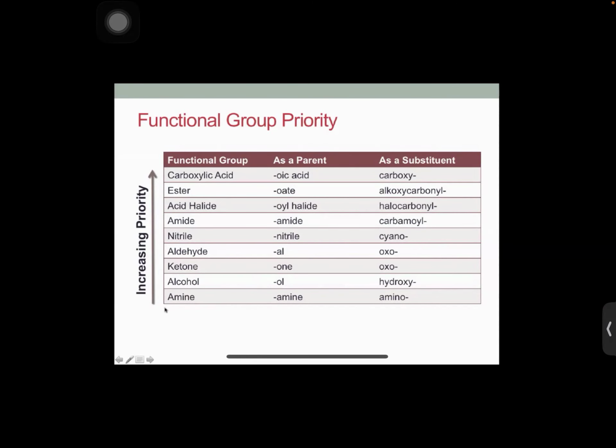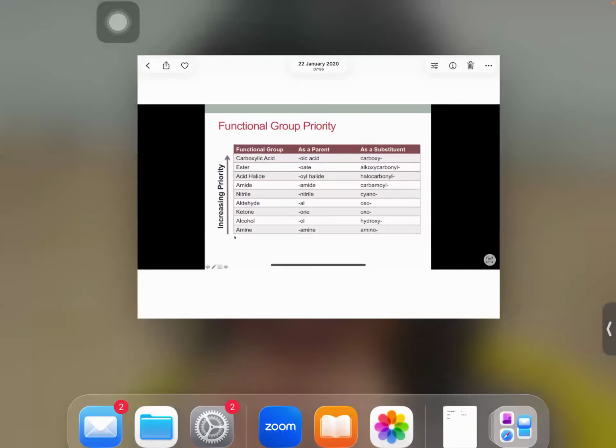Yes, the highest in the priority is the carboxylic acid, right? And once we have both of these, carboxylic acid and alcohol, when the alcohol is a substituent group, we took it as hydroxy, and the carboxylic acid, we took it as oic acid. Okay? Right, so coming back to the same thing.